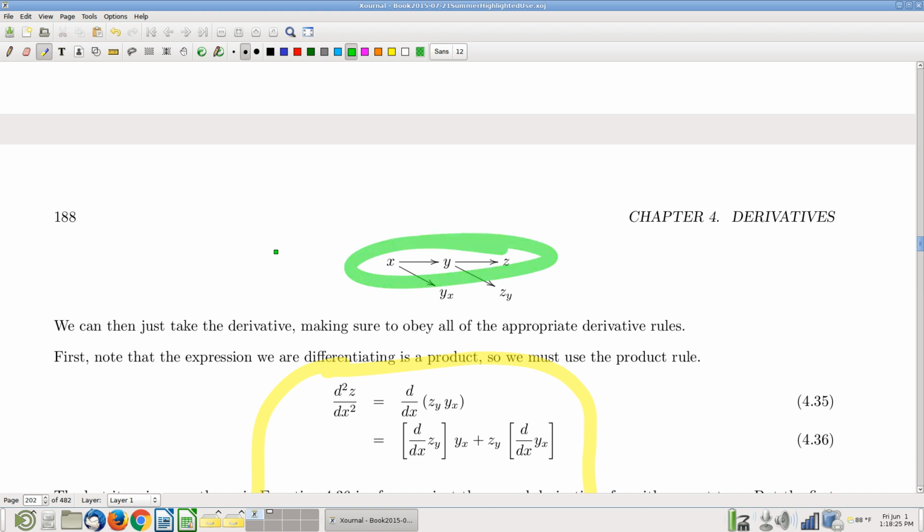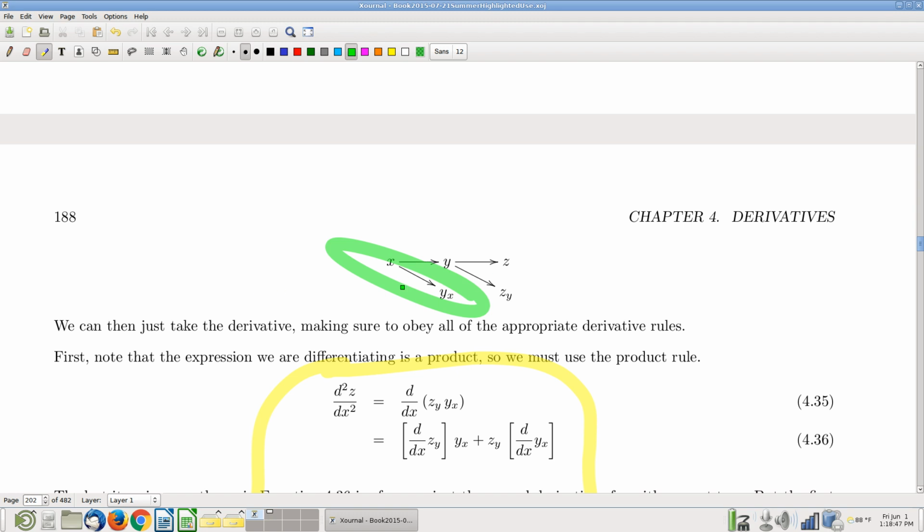Here was our original little diagram showing z is a function of y is a function of x. Well, now we have this thing z sub y, also a function of y. If we're going to be taking another derivative, we need to have it indicated where this thing is and what it is a function of. Likewise, y sub x is a function of x.